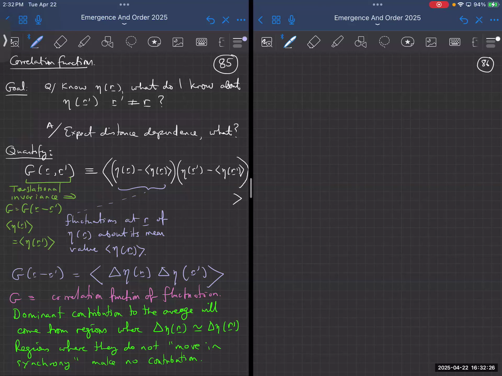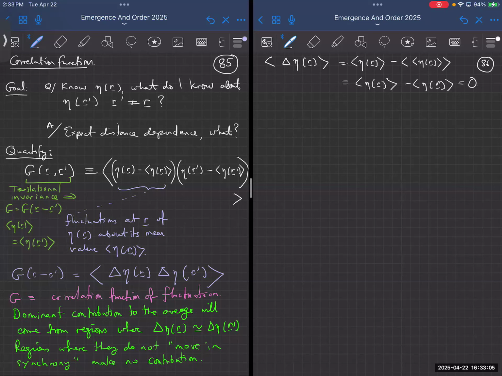So let's suppose that they're uncorrelated. Let's have a look at what is the expectation value of delta eta of r. This is the expectation value of eta of r minus the expectation value of the expectation value of eta of r. So let's suppose the expectation value of eta of r is equal to 3. What is the expectation value of 3? It's 3. So then this thing is the expectation value of eta of r minus the expectation value of eta of r, and that is equal to 0.